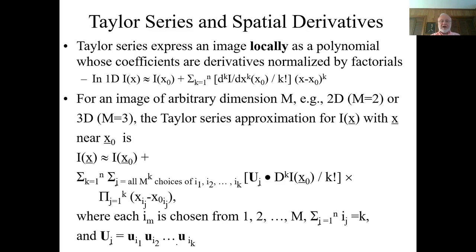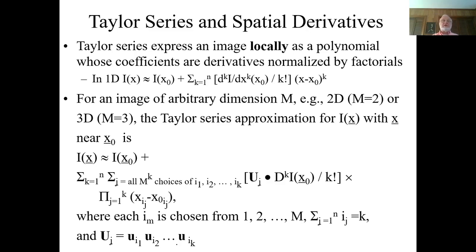The point about Taylor series is that they are the best local polynomial approximation of whatever order you stop at, in the infinitesimal neighborhood about x sub 0.